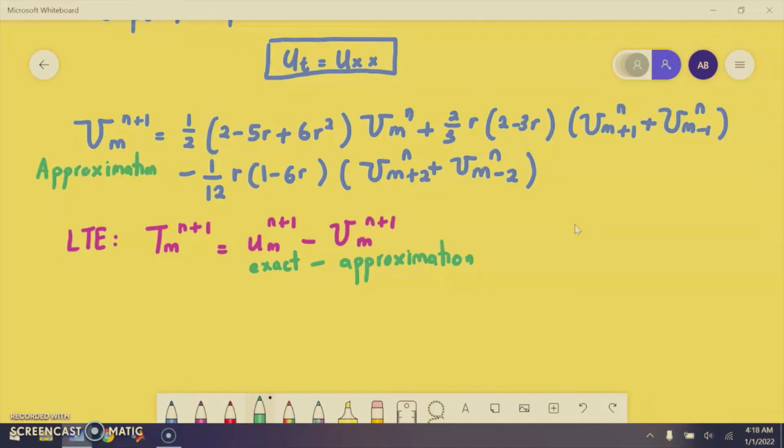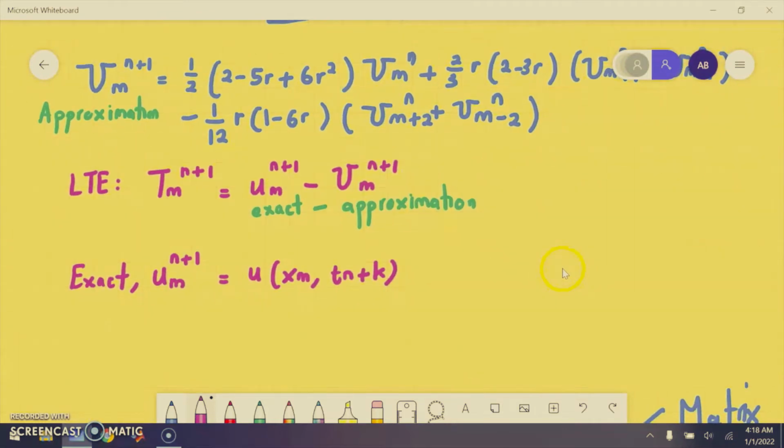The first thing is you want to look at the exact solution, which is our small u at n plus 1. Now I'm going to write it as u(x_m, t_n plus k).